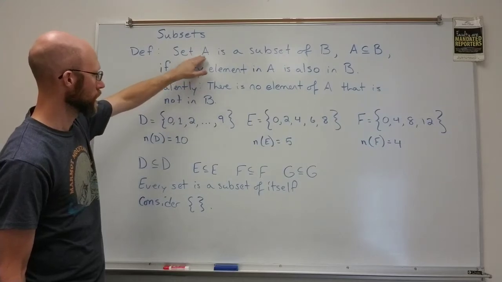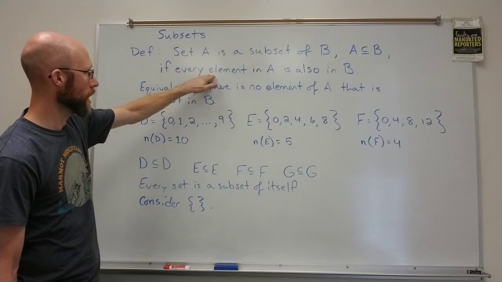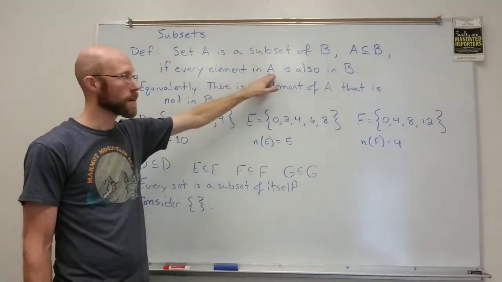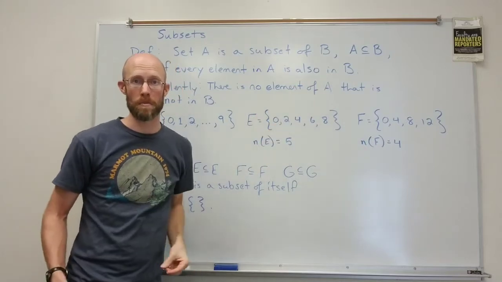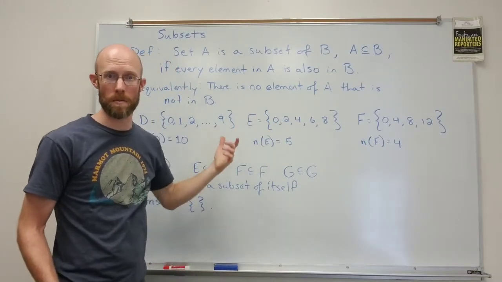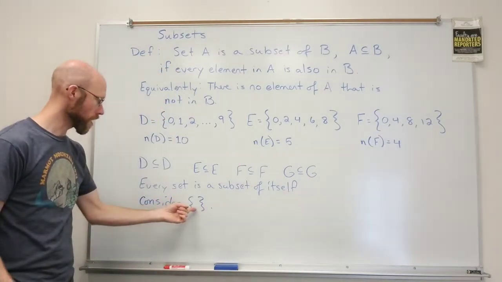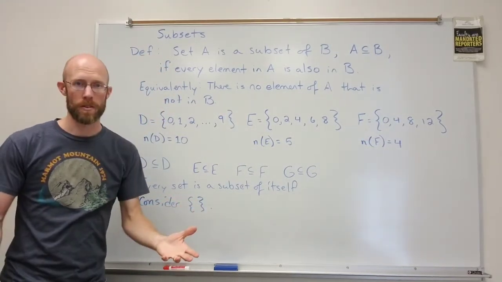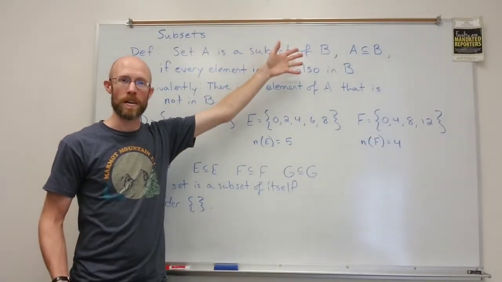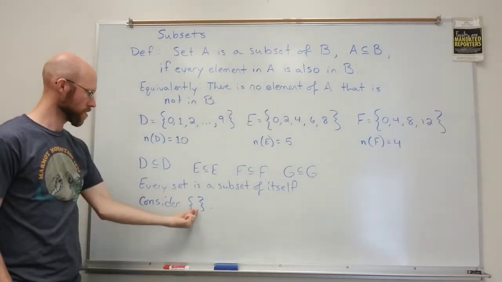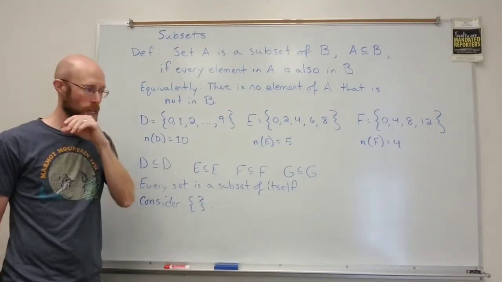We'd say the empty set is a subset of D if every element in the empty set is also an element in D. Well, let's pick out the elements in the empty set and see if they're also in D. Well, there aren't any. I can't even answer the question because there are no elements in here to test, right?